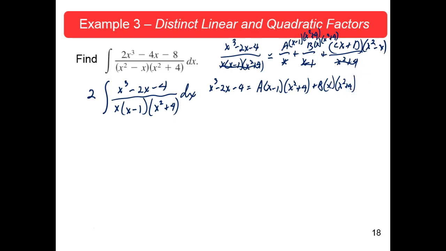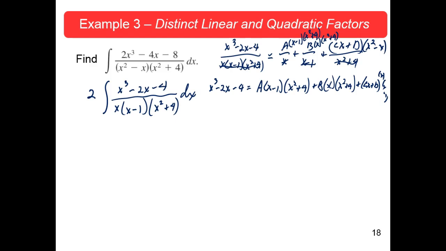I'm purposely not multiplying those. And I probably shouldn't have done the others either. Plus Cx plus D times x minus 1. I went back and put it back in. Sorry about that. There's a reason for the madness though.